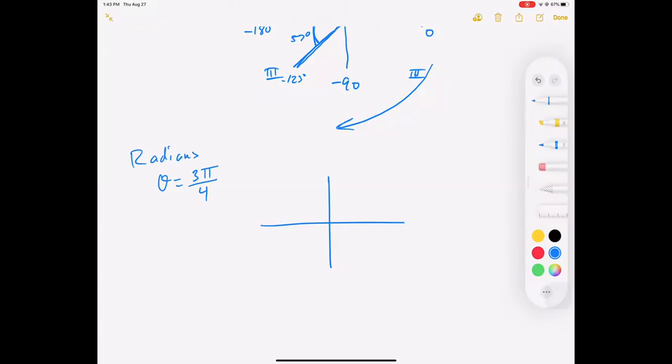Now, in your head, let me ask you, is 3 over 4 bigger or less than half of pi? Think of it in your head. 3 over 4, 75 cents, bigger or less than half of pi? 3 out of 4, it's like 75%, right?